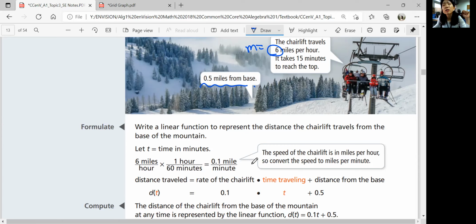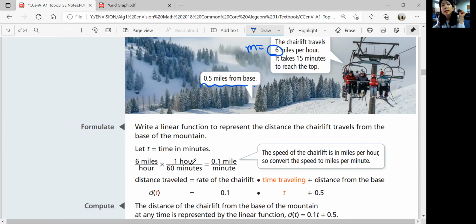Why are we doing this? Because we need to match all the units in the equation, okay? We have two variables: time and the distance traveled. The distance traveled would be in miles, but time, we're going to write in minutes, so that we can use this information, 15 minutes, to substitute x values for inputs.